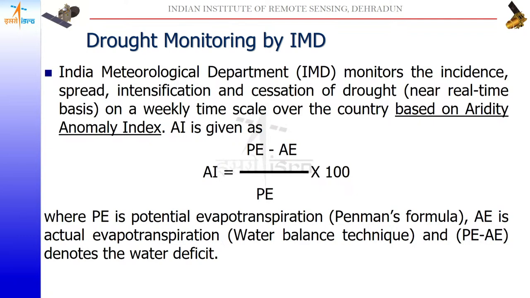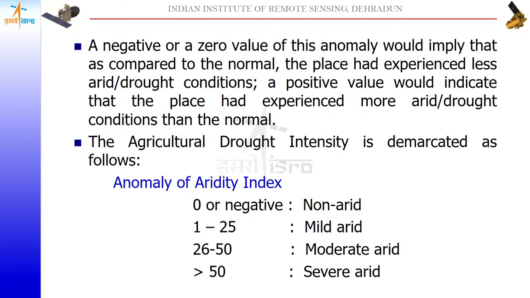The potential evapotranspiration is calculated using the Penman formula, which is based on meteorological parameters, and actual evapotranspiration is calculated based on the water balance technique. Based on these, they define the aridity anomaly index. When the aridity anomaly index value is less than 0 or near 0, it is defined as a normal condition or non-arid situation. But if the values are on the positive side, it indicates that the particular area is more arid, towards drought condition, as compared to normal.